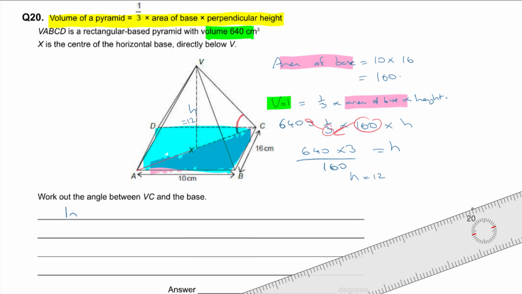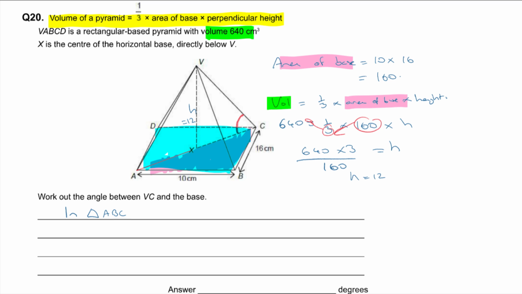So in triangle ABC, what we're doing, we're using Pythagoras theorem. We're going to be using c squared equals a squared plus b squared. So that's AC squared, isn't it? So AC squared is equal to 10 squared plus 16 squared.